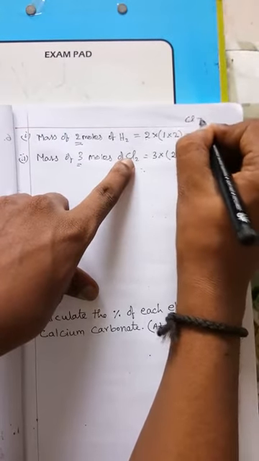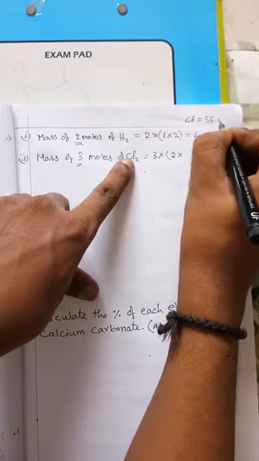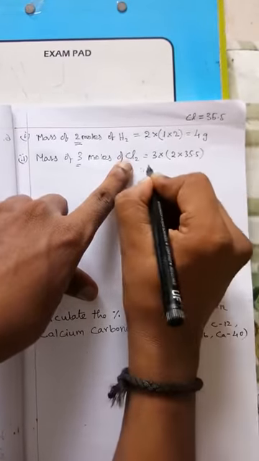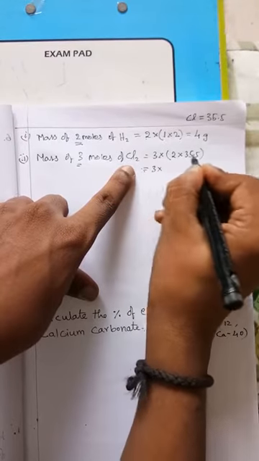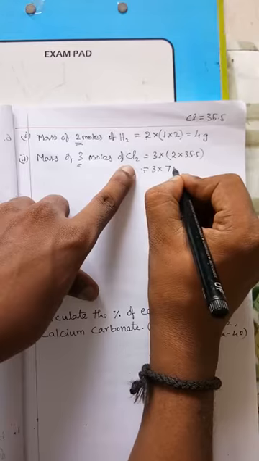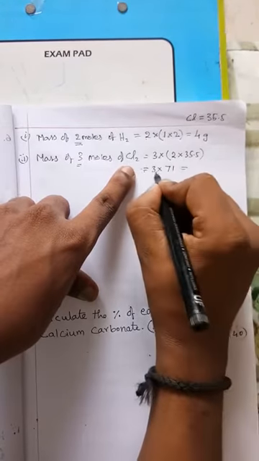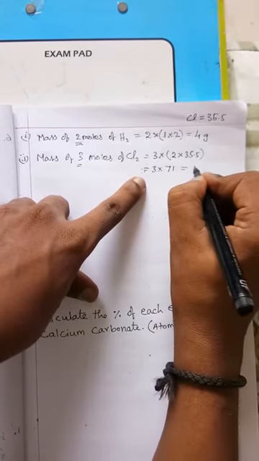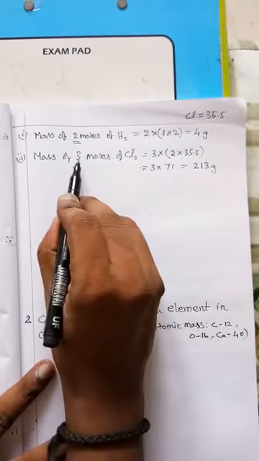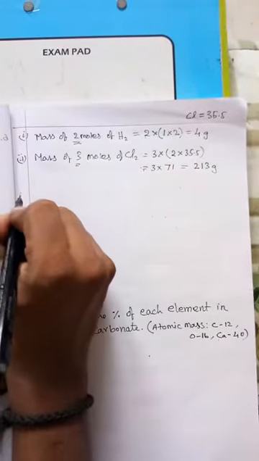See, chlorine value is 35.5, the mass number. So what is the answer? 3 into 2 into 35.5 is 71. So 3 into 71 gives 213 gram. So 213 gram in 3 moles of chlorine.